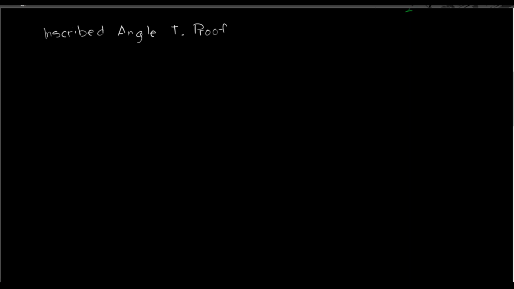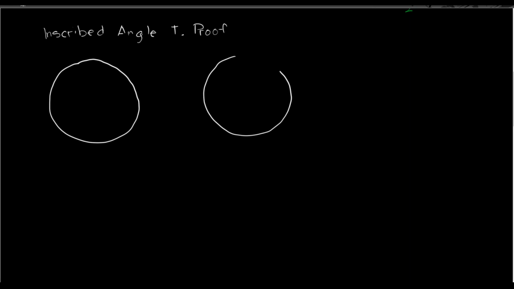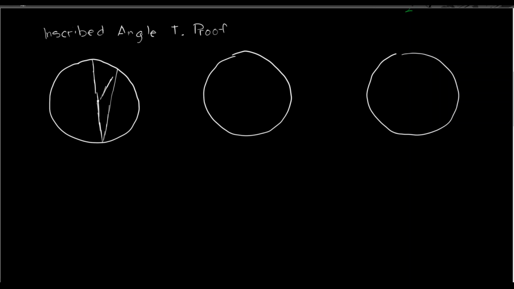The proof for the inscribed angle theorem can be broken down into three cases. And once again, for each case we'll require a circle. Let's go over what the first case should be for now. Let's draw our diameter of the circle, or let's consider that our diameter. And let's say we had an inscribed angle here, and our central angle is here.